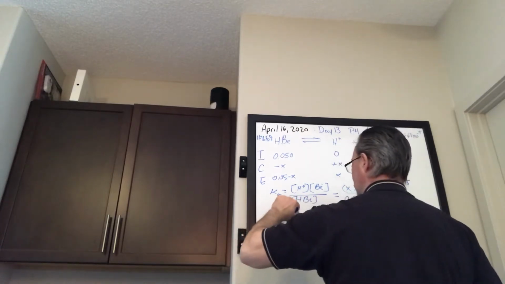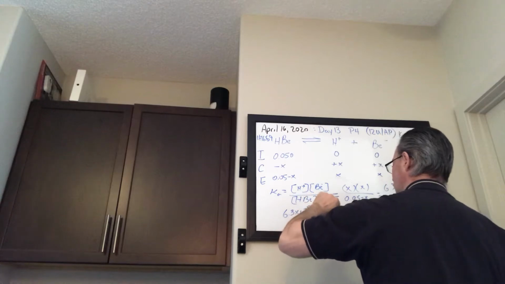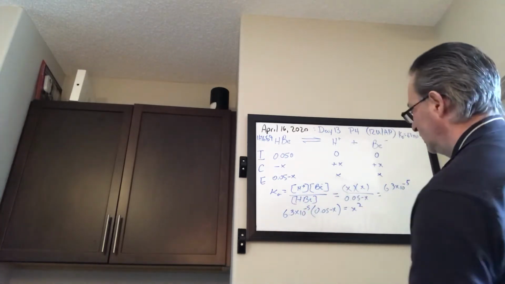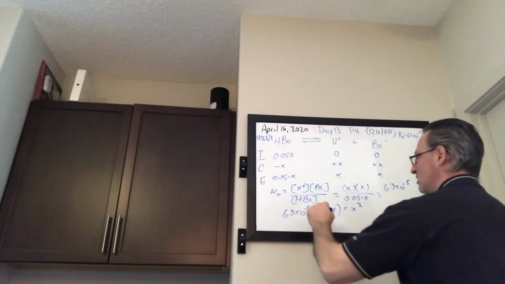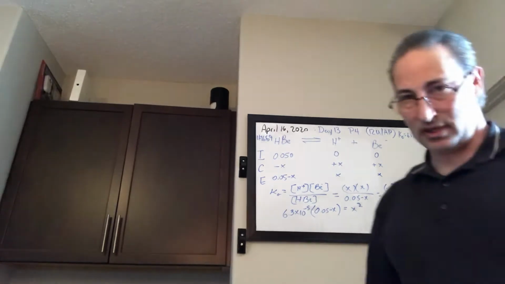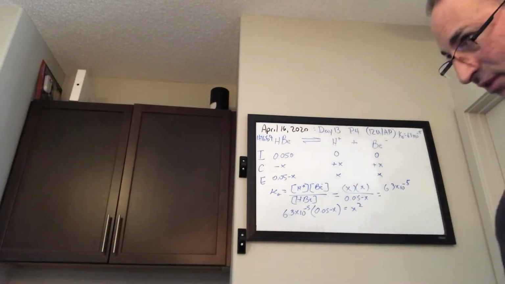So we're going to multiply 6.3 times 10 to the negative 5 by 0.05 minus X, and it's all equal to X squared. Now, because the amount of dissociation is going to be very low, I'll show you 2 ways. I'll show it to you the approximation method, and with the quadratic formula we should get fairly close answers.